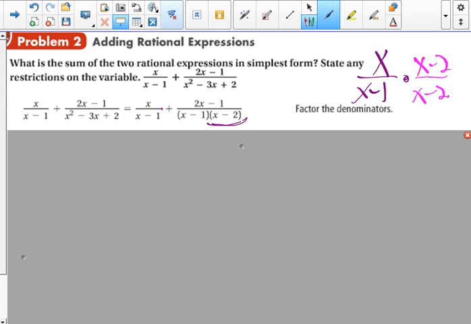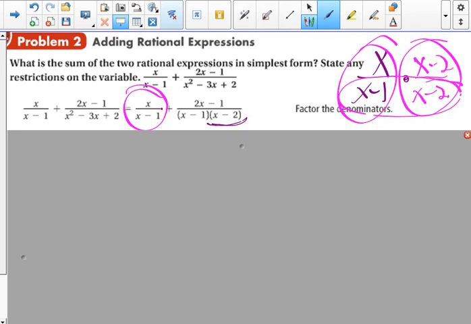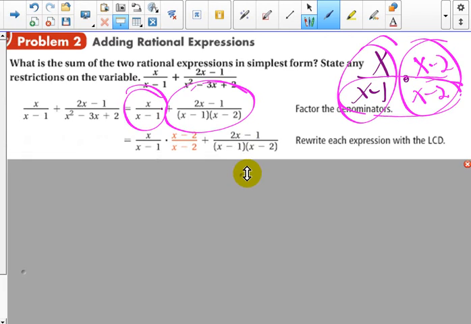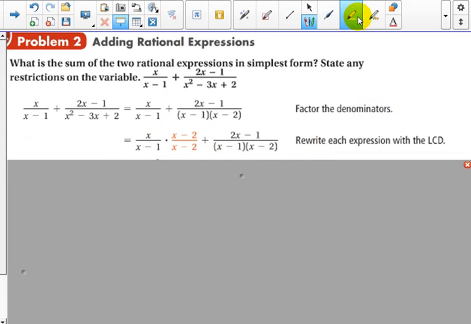So the one that we chose to represent by 1 is going to make it fit our needs of creating a common denominator. Do you see that? So that's how you convert this guy to have the same denominator and to be able to add those together nice and easy. So we're going to multiply it by x minus 2 over x minus 2. And that's what they do in this next line right here. Everybody with me?